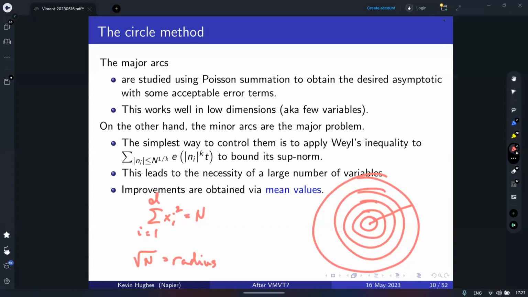So that would be n to the d over 2 integer points inside that ball. But unless there's some good reason for why there should be a lot more lattice points on a few spheres and very few on a lot of other spheres, you'd think they're roughly evenly distributed. And that's why you lose 1 power.